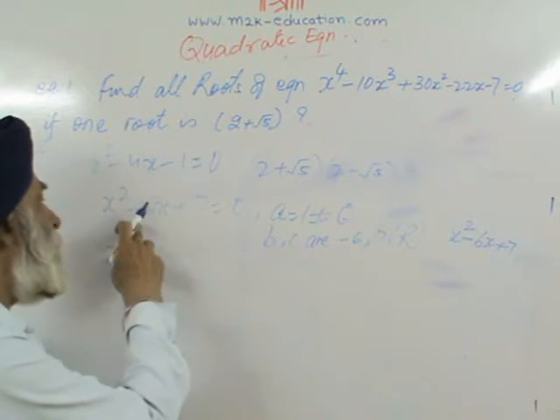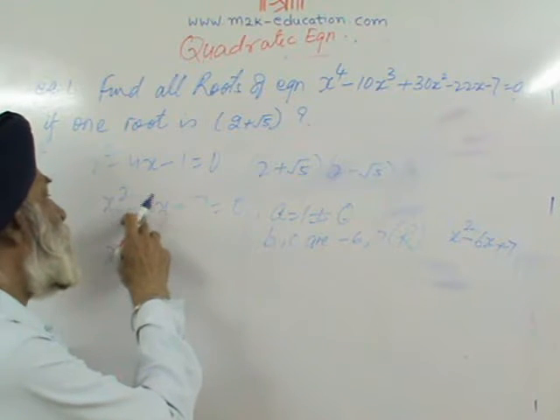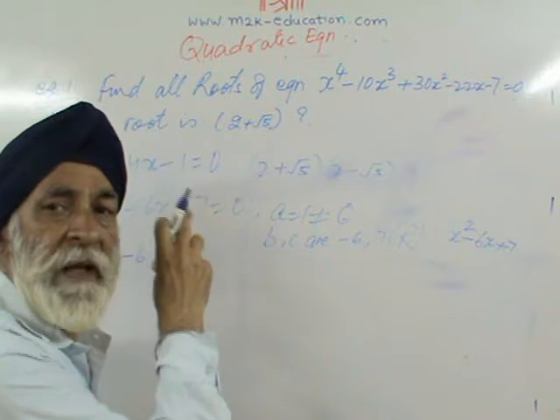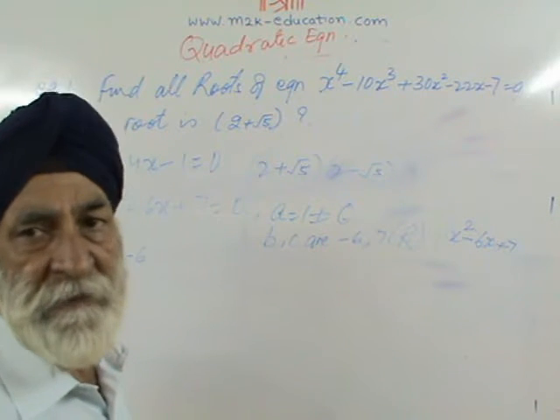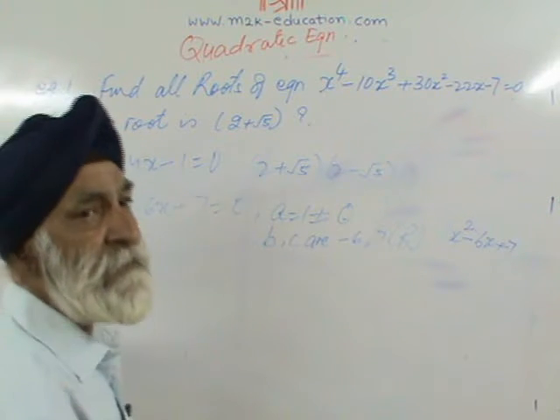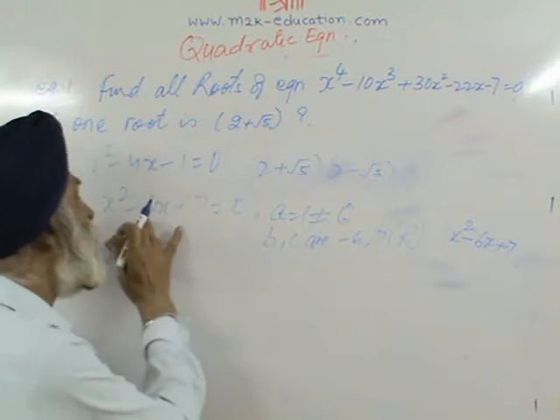And when the middle term is minus 6, then it is always the numerical numbers are added. So we can't have, if we add 7 plus 1, 8, we have got minus 6.